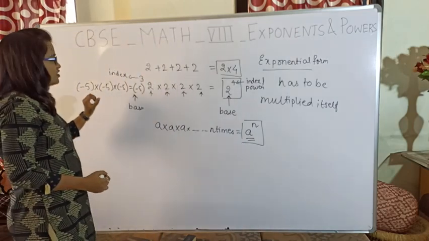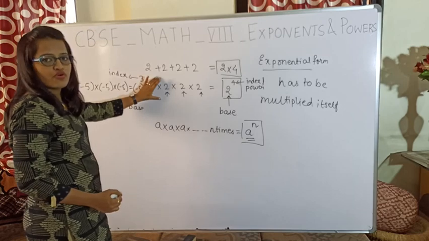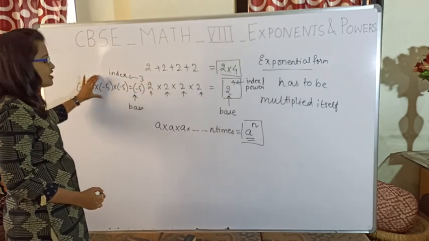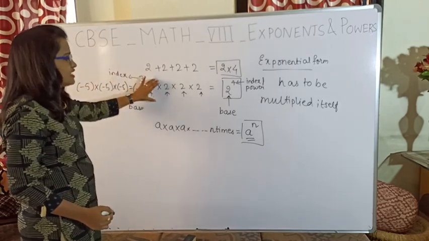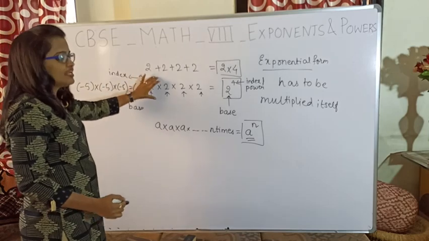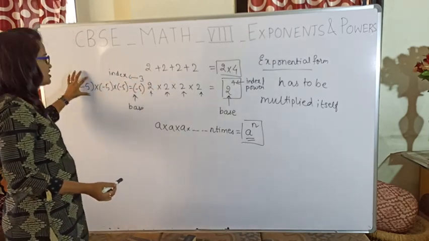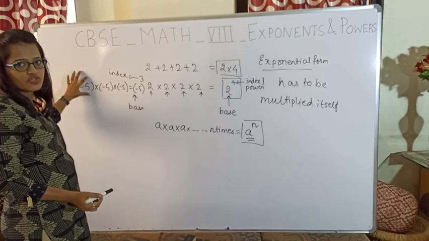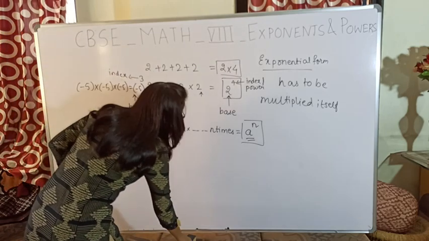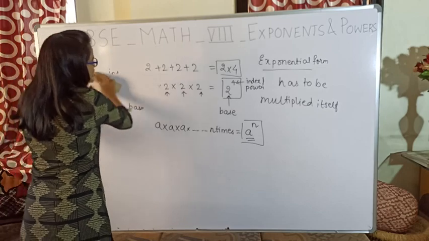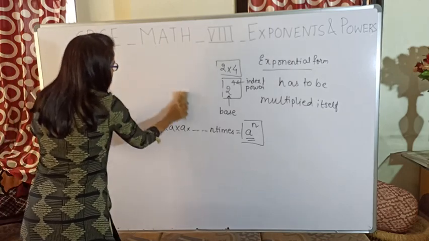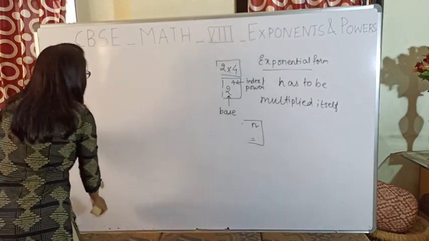Now, as you can see, I have here taken a positive number, whereas here I have taken a negative number. So from this I can say we can represent positive numbers in an exponential form, and we can represent a negative number also in an exponential form. Can we represent any rational number in an exponential form? Yes. Let us see.